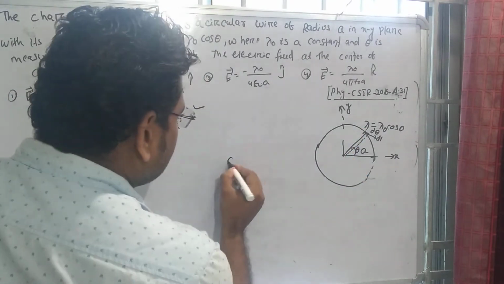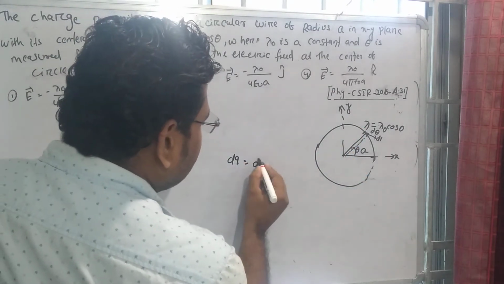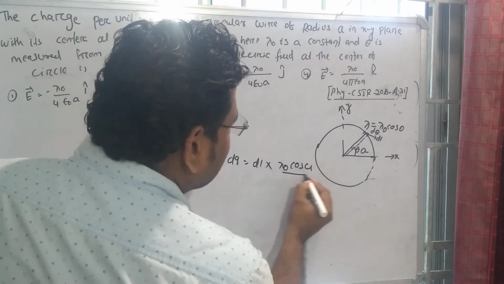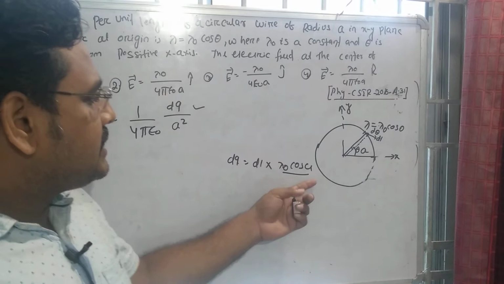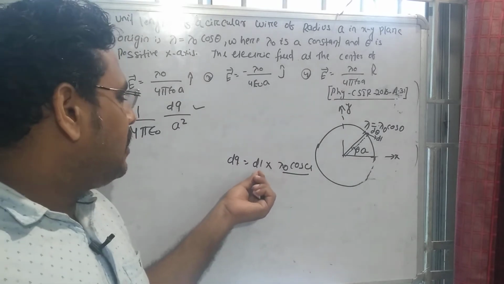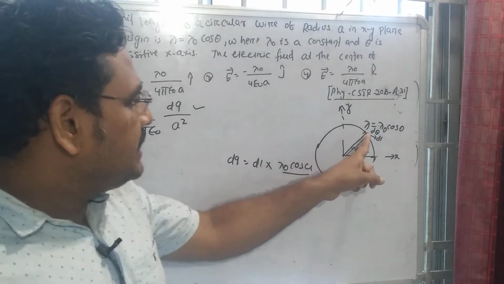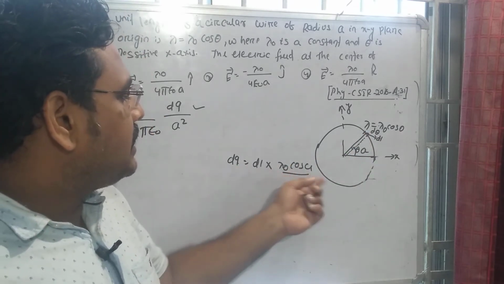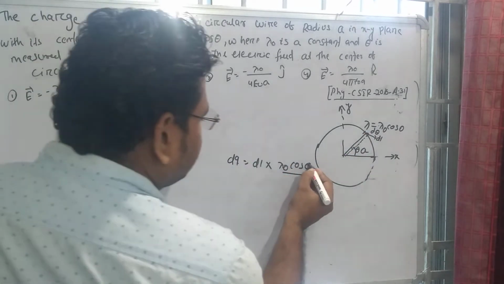So dq is dl times lambda 0 cos theta, because lambda 0 is the linear charge density and dl is the length, so the charge in this small elemental length is dl times lambda 0 cos theta.